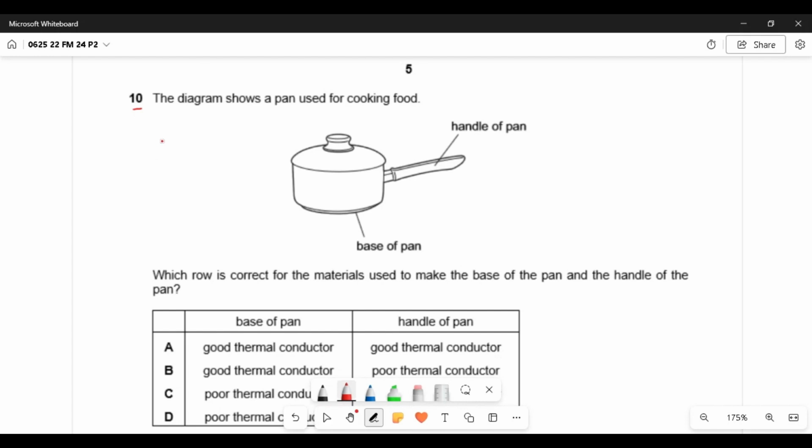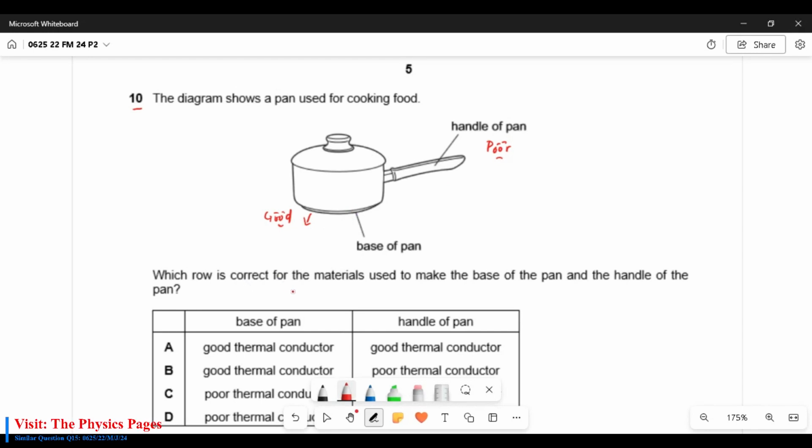Number 10. The diagram shows a pan used for cooking food. We can see this is the pan, and for cooking, the base of the pan should be a very good conductor, and the handle should be a poor conductor. Why? Because we need to hold it from the handle, and the base needs to conduct the heat.